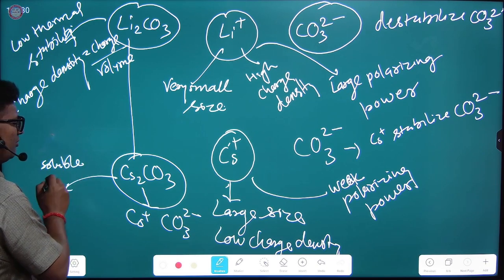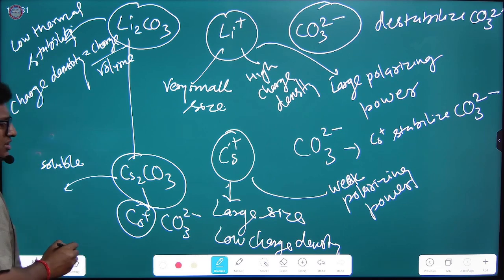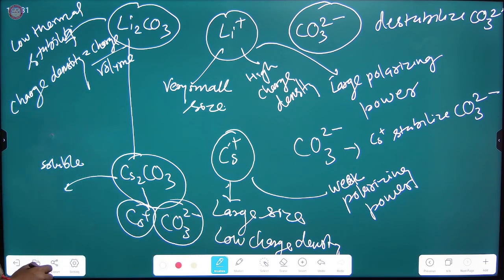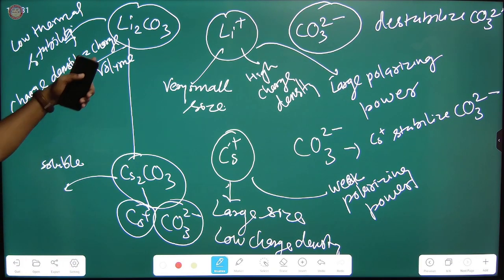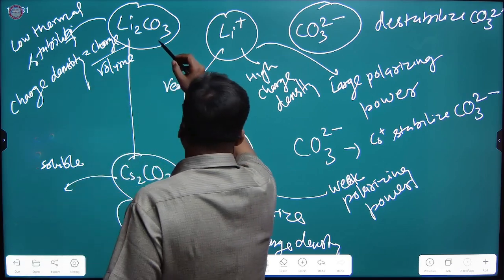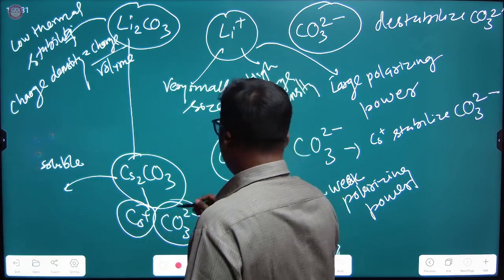Easily soluble in water means it has a high density of cesium plus and carbonate ions, right? So in a solid state, it is more stable, and in the solid state it is less stable because there is a covalent character and there is ionic character.